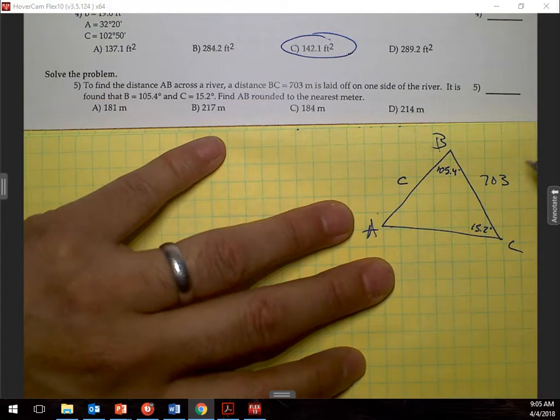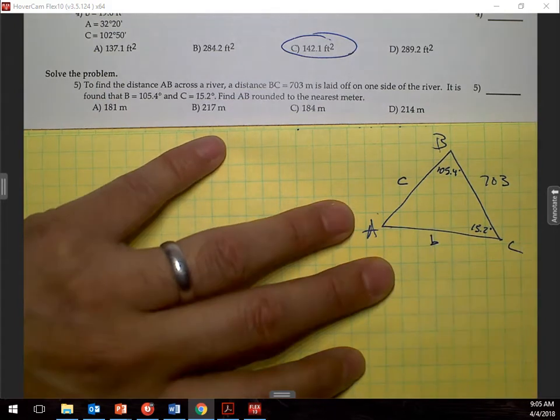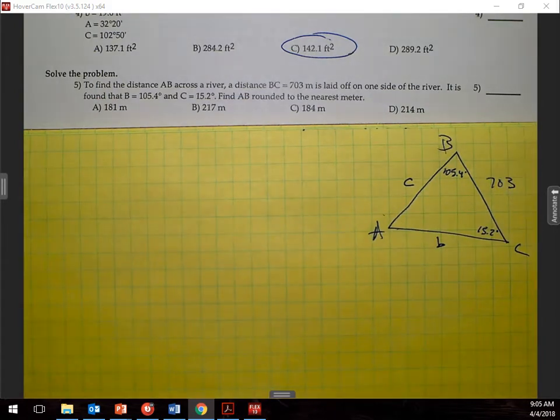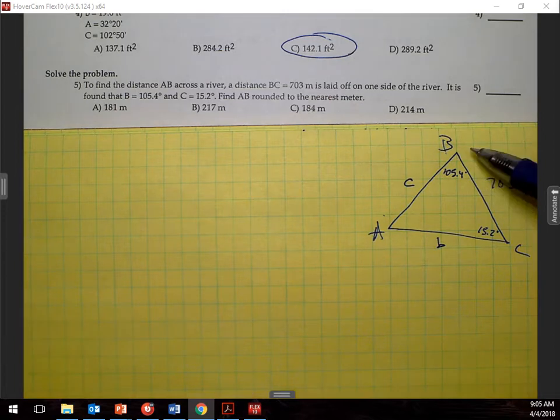Okay, I'm going to put a little b right here. What information do I have here? Angle side angle, right? Given angle side angle, what law do we use? Law of sine.